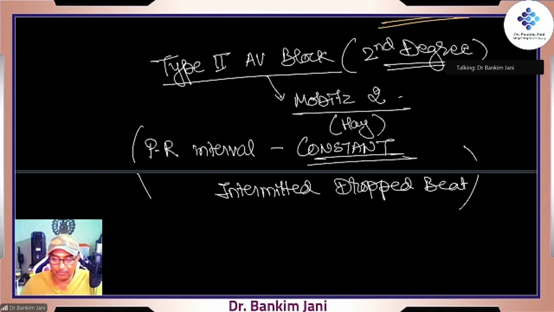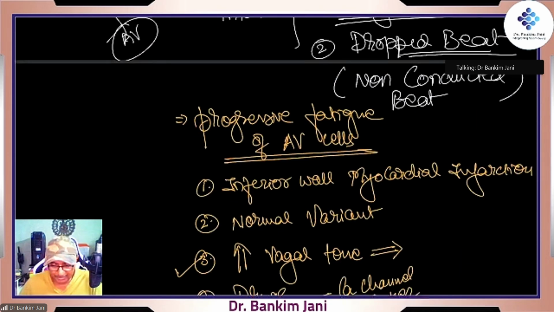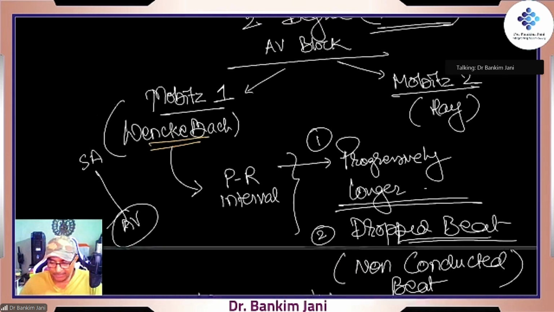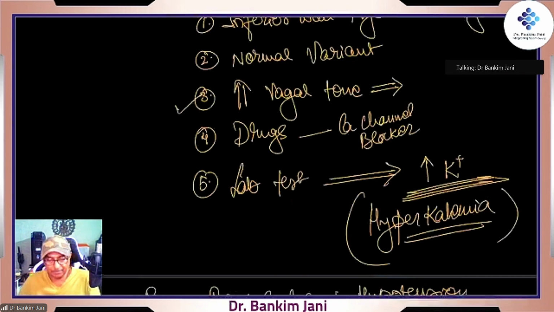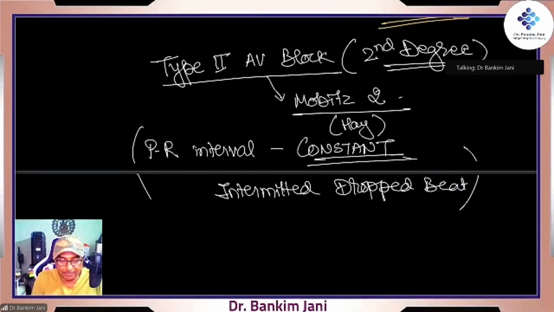Over here, first degree heart block. In the second degree heart block, that is type 1, what did we say? We said that this is becoming progressively longer and then the drop beat. Correct? Progressively longer. While over here, this PR interval is constant. And then there is a drop beat.